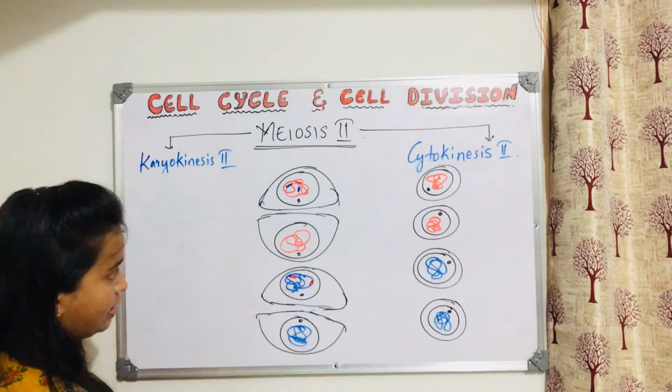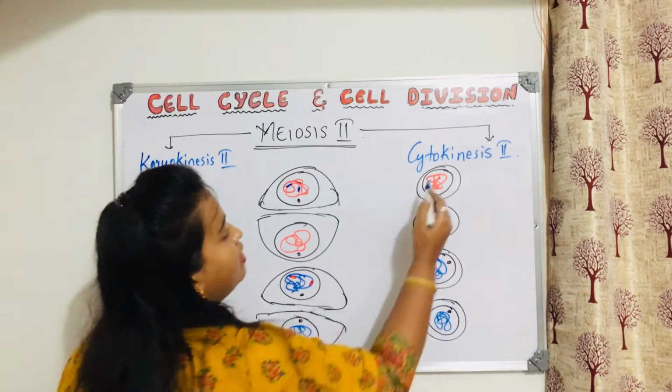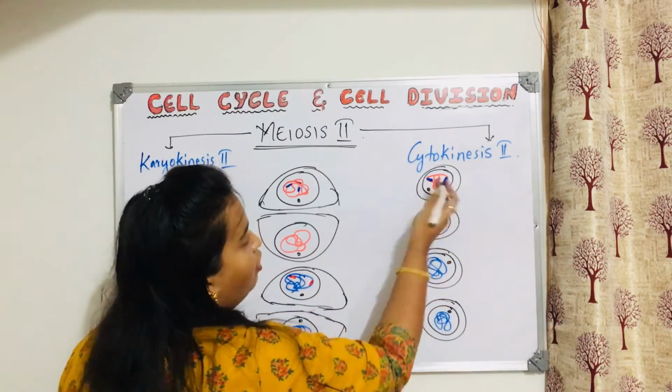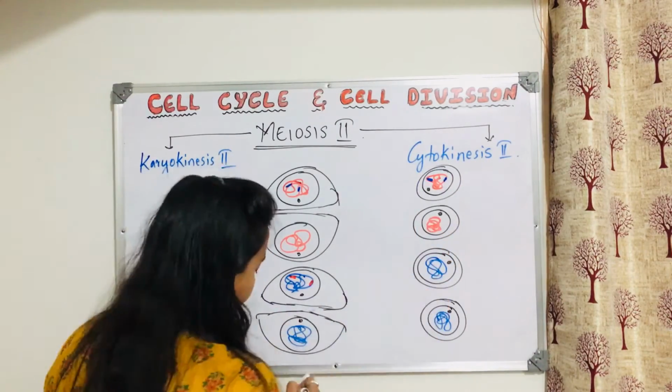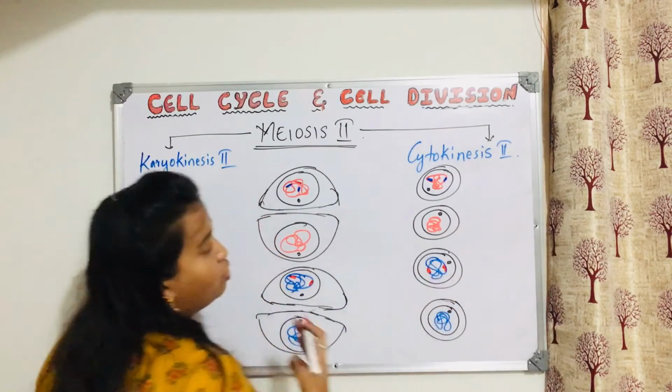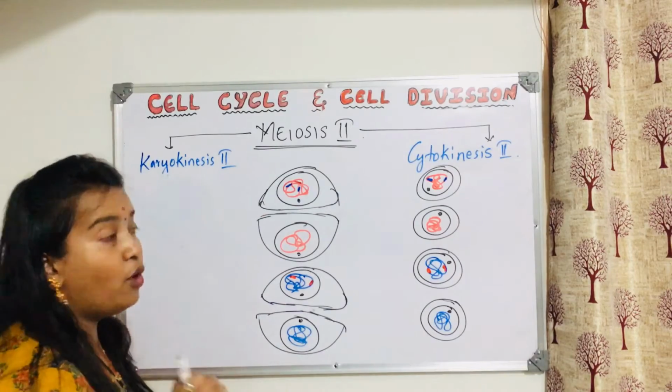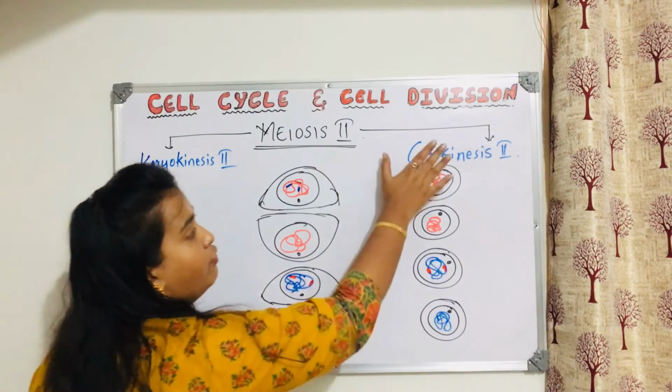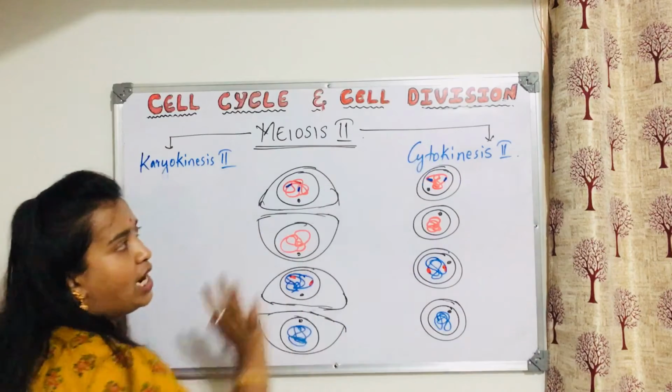What is the difference? This has a variety of genes, just to show you the variation. So I hope you understood. We have got 4 cells at the end of cytokinesis 2.